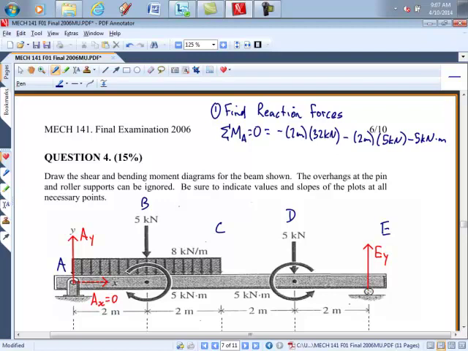Okay, I keep moving. I get to C, that finishes the distributed load we've already accounted for. Now I get to D. D has a force and a couple moment. So if I look at the force first, positive or negative moment? Negative. 2, 4, 6 meters times 5 kilonewtons.